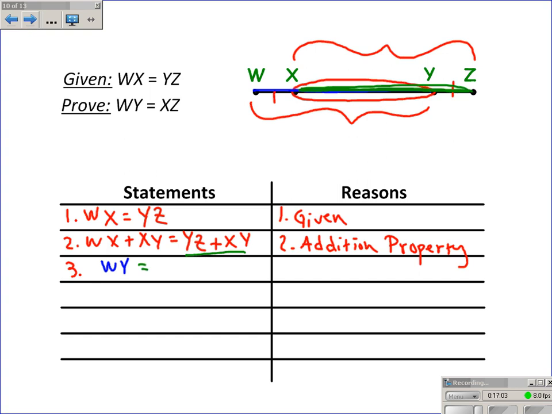So that's equal to XZ. And I'll say the reason for that is the segment addition postulate. We covered that towards the beginning of chapter 1, but it's a useful postulate for us. And we're done. 3 steps, not too bad. So we start with our given, work down to the prove, making logical steps.